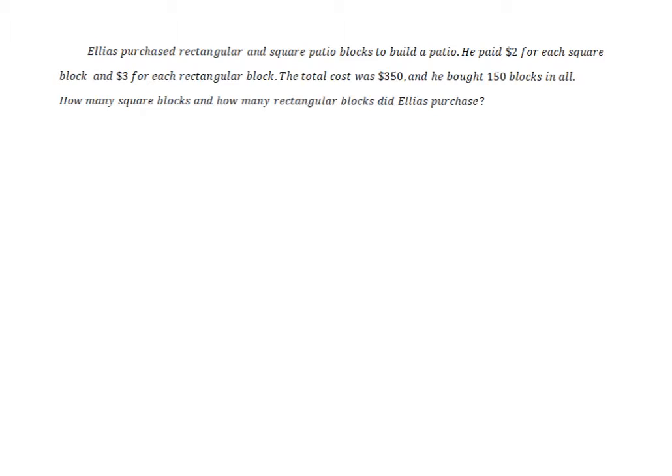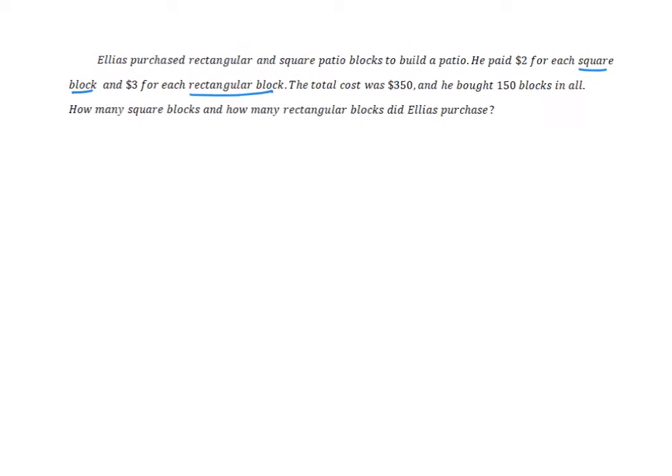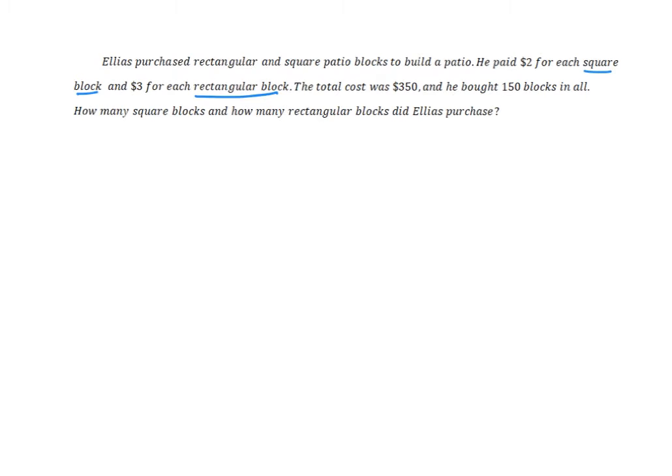So we have he paid $2 for each square block here, and he paid $3 for each rectangular block. Well, we don't know how many blocks for both square and rectangular, so we don't know how many exactly he purchased. So let's name S to make it easy for us.